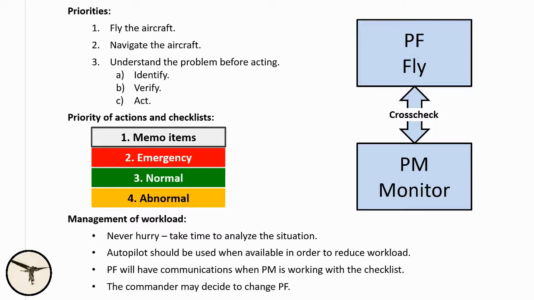We can cross-check with other indications, and once we agree about what problem we have, we can apply the correct checklist. Sometimes we have to do some actions by memory because some situations like emergency descent require a swift action. But still, we have to remember, analyze, and find out what's going on first before we can act.